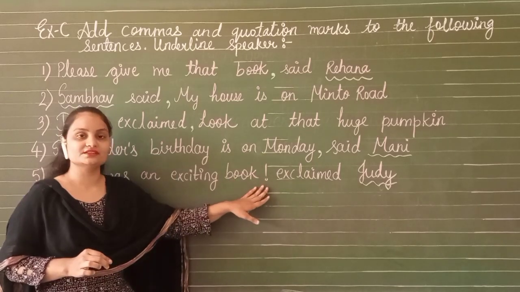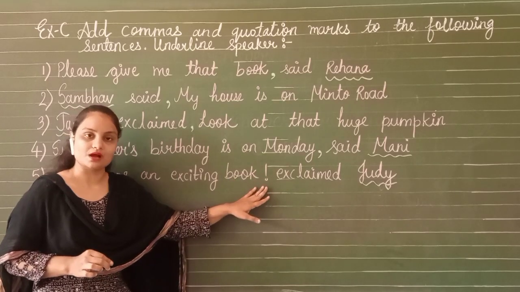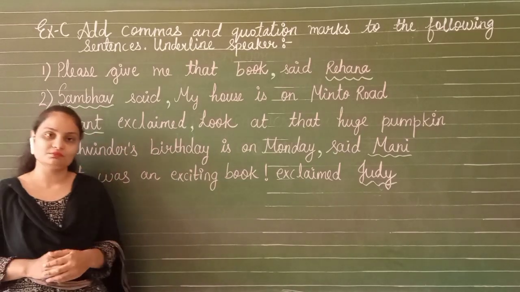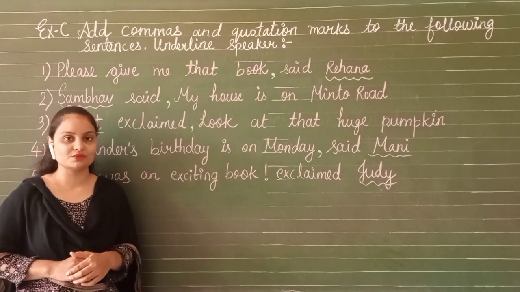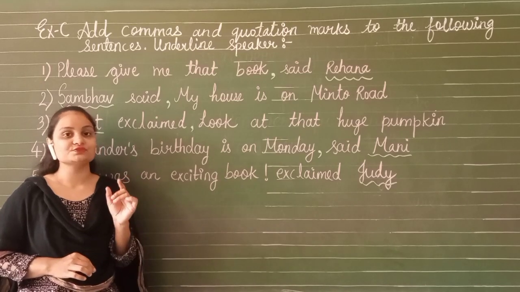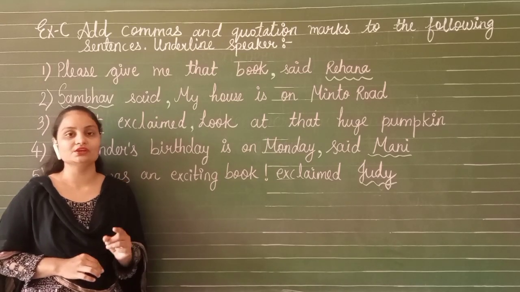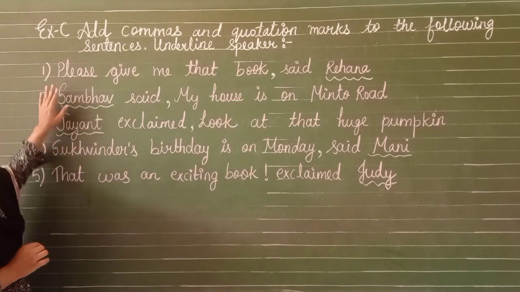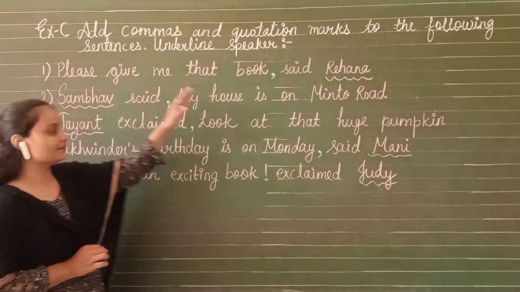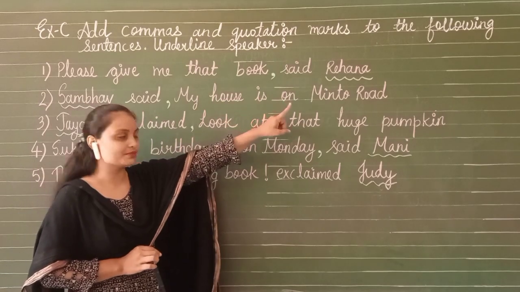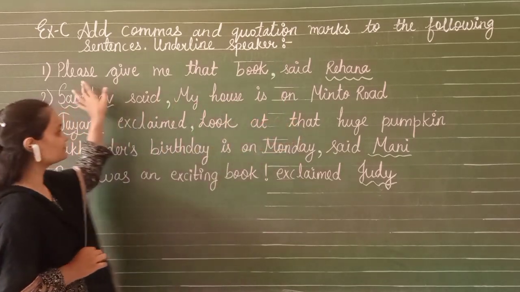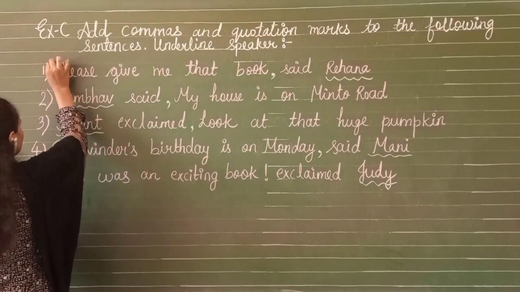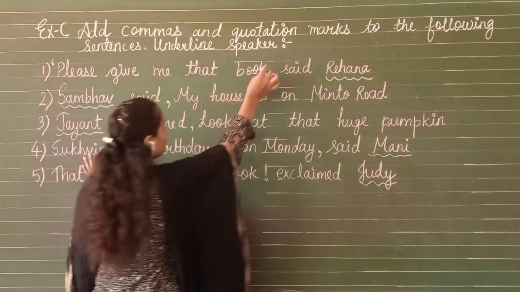Here there is already one punctuation mark. Now students, we will put quotation marks. Where to put them? The exact words spoken by the speaker are enclosed in the quotation mark. So first is, please give me that book. This is spoken by Rehana, so this will be enclosed in quotation marks, from please till book.